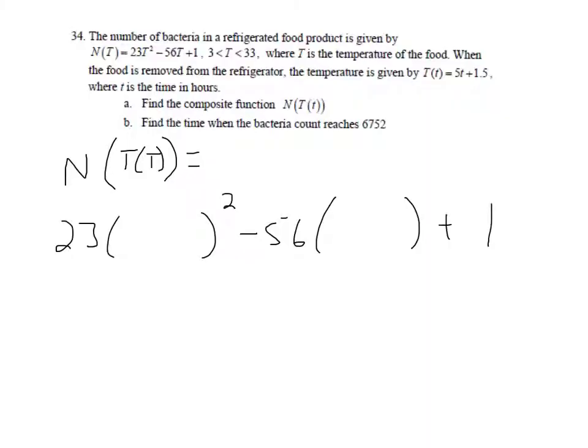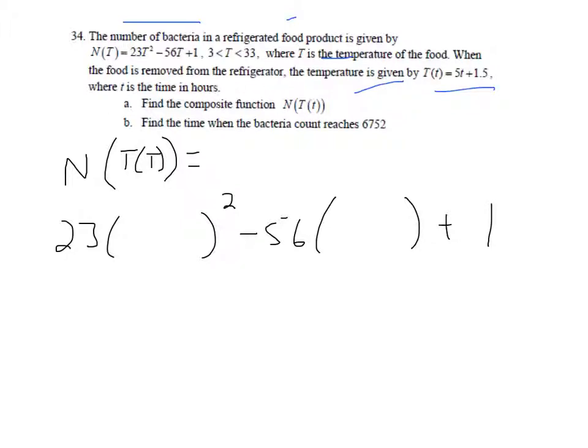Now the next problem, from my OpenMath, is asking us to find the composite function. The capital N is the number of bacteria based on the temperature, and the temperature based on time is this function.